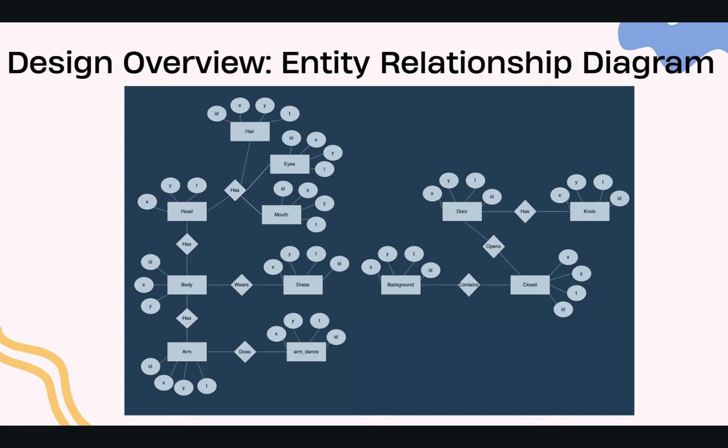And we have these two as different entities because we have some stationary arms within the arm entity and the moving objects within the arm dance entity. And all of these entities have their attributes of the X and Y coordinates that we calculated for them, the time constraints, and their respective IDs.